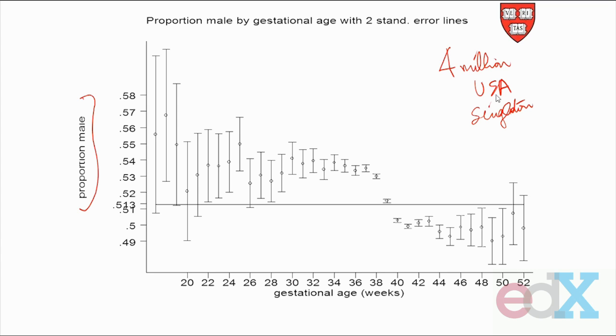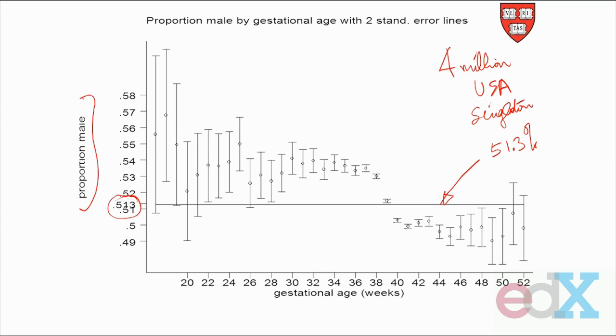Okay, so here I'm looking at the proportion male, and the overall proportion male is 0.513. That's that line down there. So 51.3% of all births in that particular year were males. And this is typically the value one gets from year to year. We don't vary too much around that.